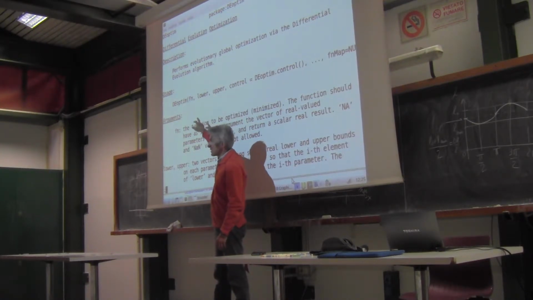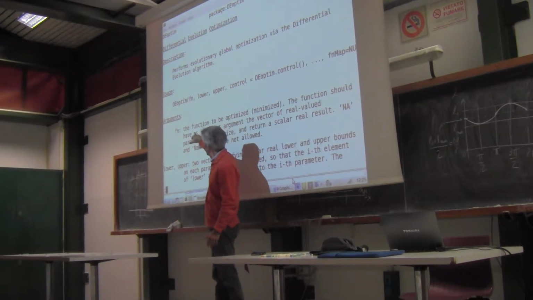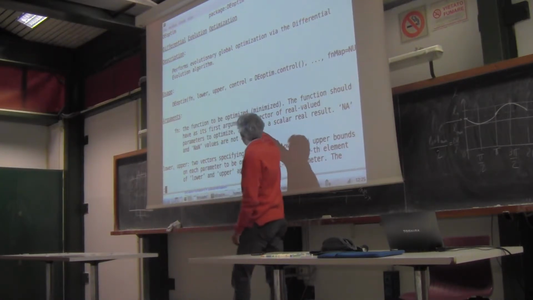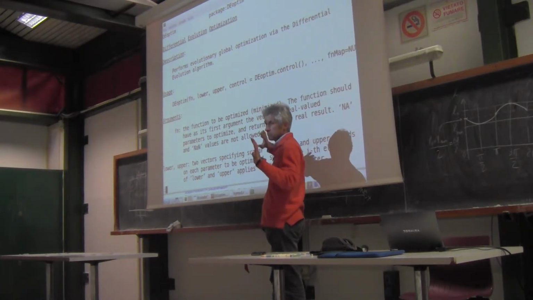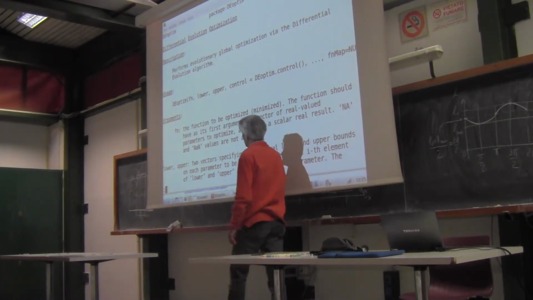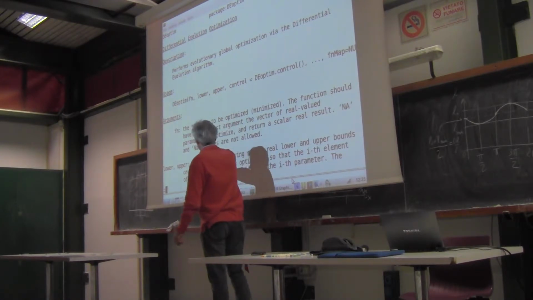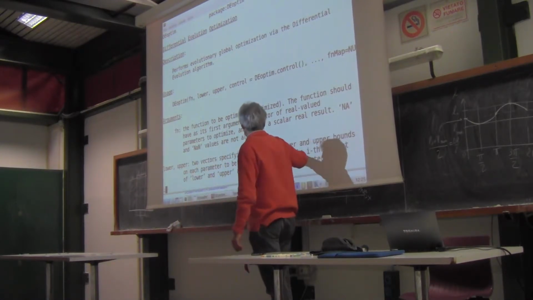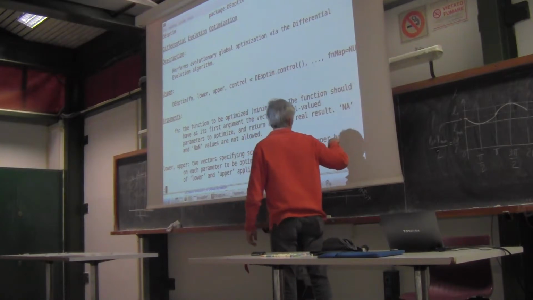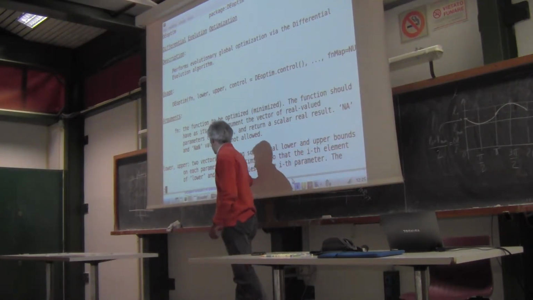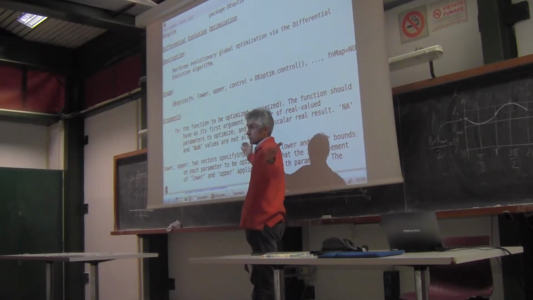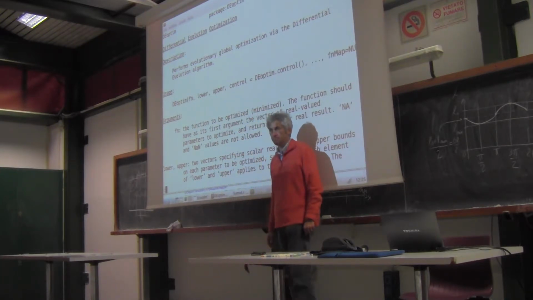So, what is the first argument? fn. fn, the function to be optimized or minimized. Good. In our case, it's imod. Perfect. Lower, upper. What are lower, upper? 2 vectors specifying scalar real lower and upper bounds on each parameter to be optimized. Perfect. We are done.